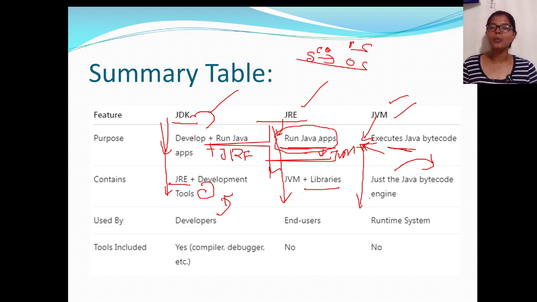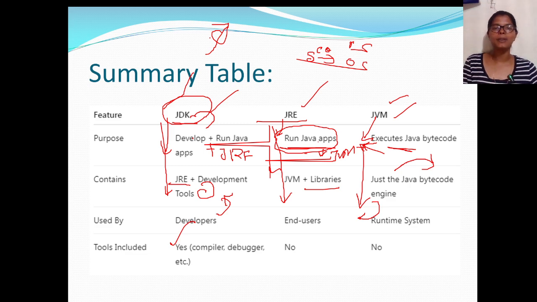Next, JVM provides the runtime environment and converts code into executable code. JDK contains the toolkits, but JRE and JVM do not contain any toolkits to develop the application. So the main toolkits are present in the JDK, which you must install in your system to build an application. This is the difference between JDK, JRE and JVM.